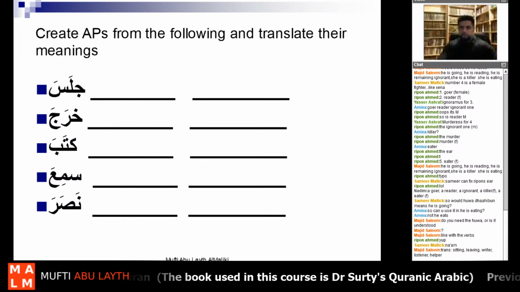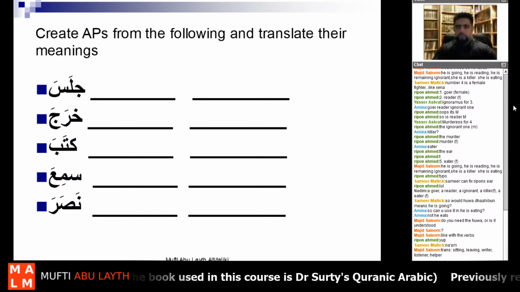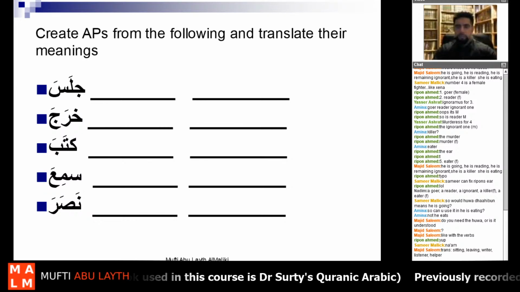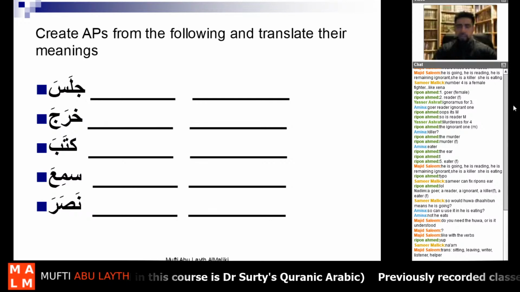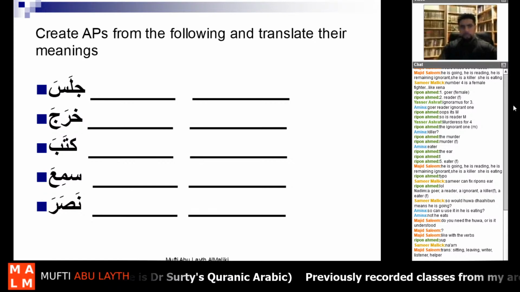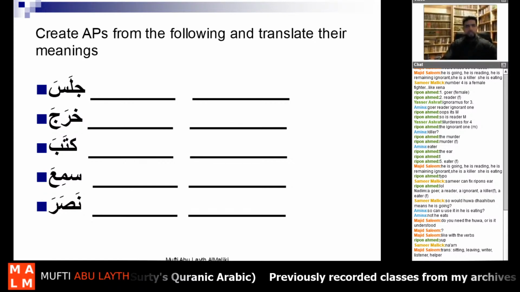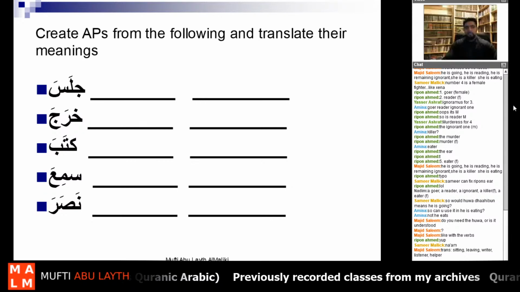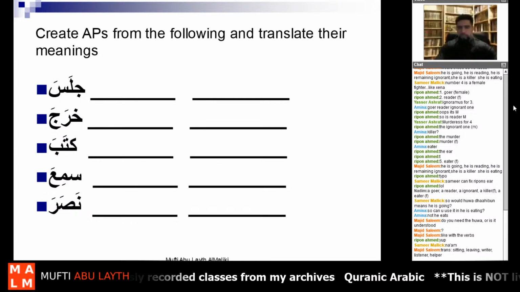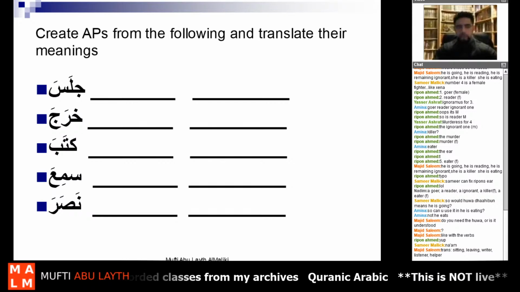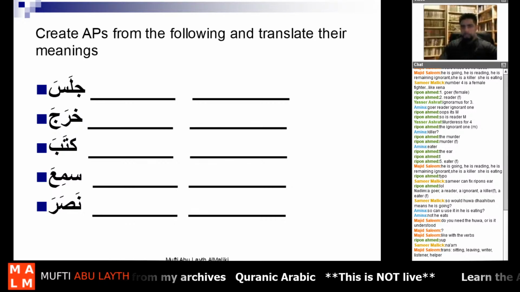Sorry, Mufti, do the first letters lose the fatha for the active participle, or is it just written like that? The first letter, as in, for example, the jim on jalasa, does it lose the fatha? No, it hasn't lost the fatha here. All that's happened is as I've written them. Because sometimes it's awkward having to write vowels for each letter, I just make sure that I've written the vowels for the last and middle letter, especially the middle one.